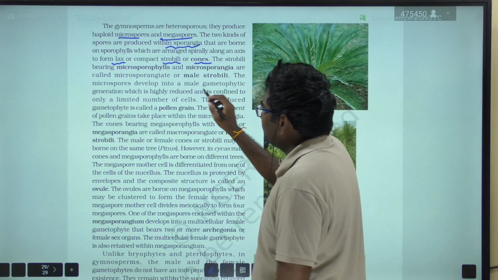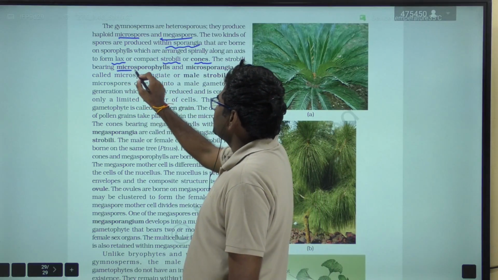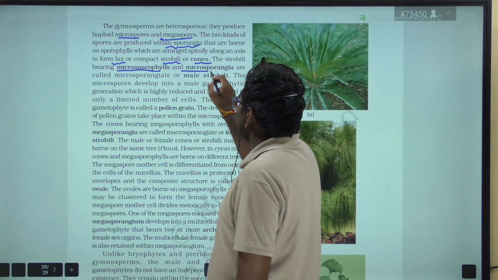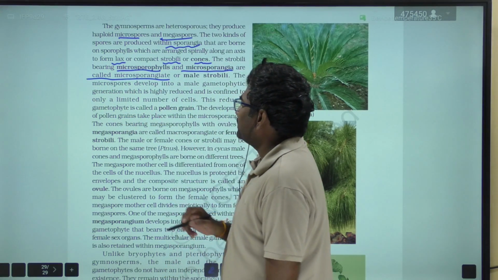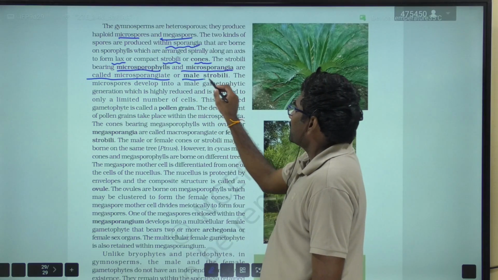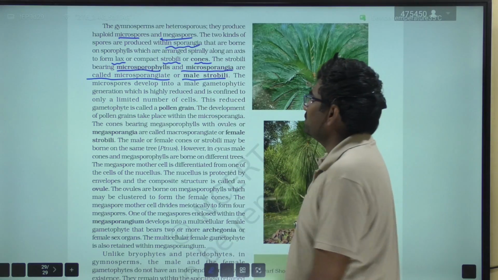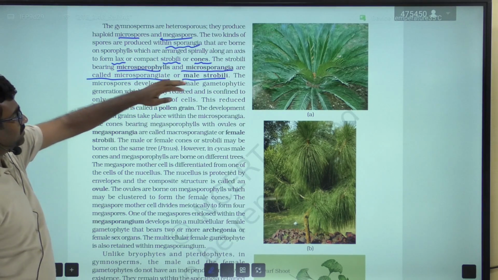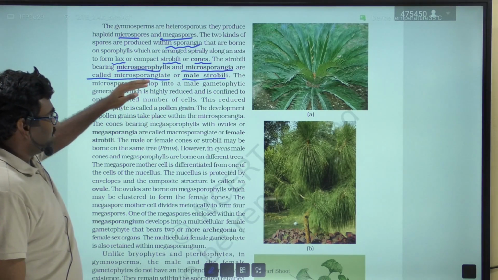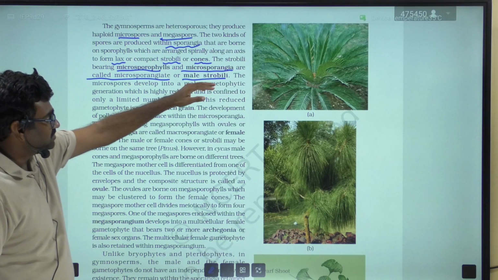The strobili bearing microsporophylls and microsporangia are called microsporangiate or male strobili.